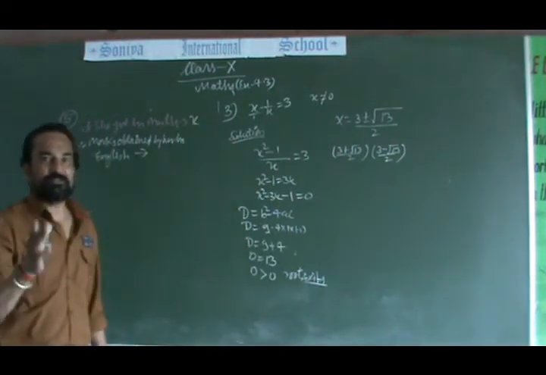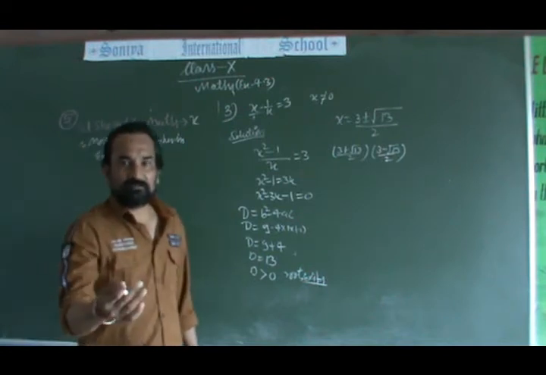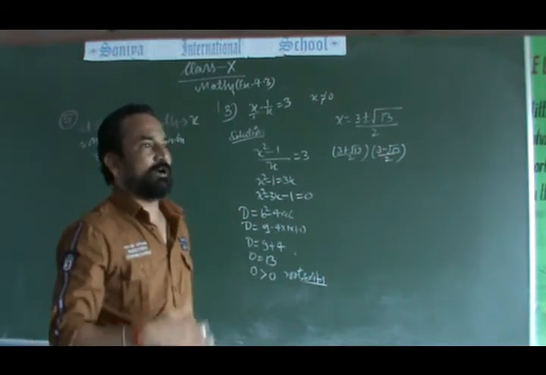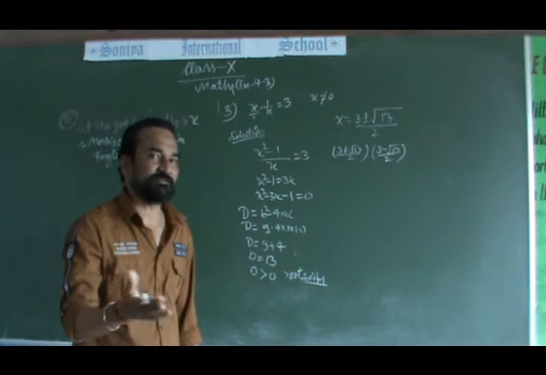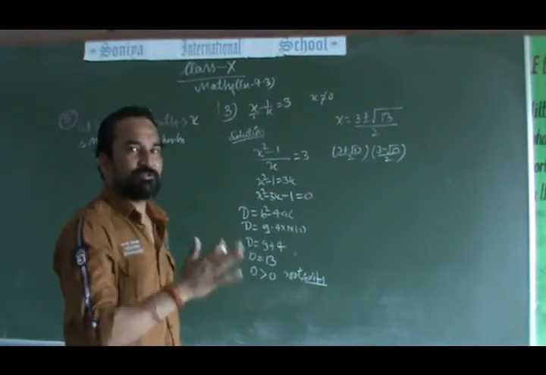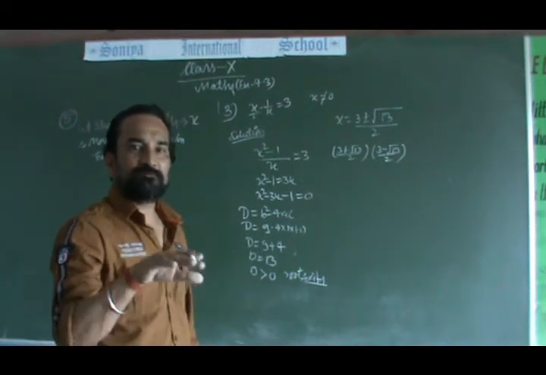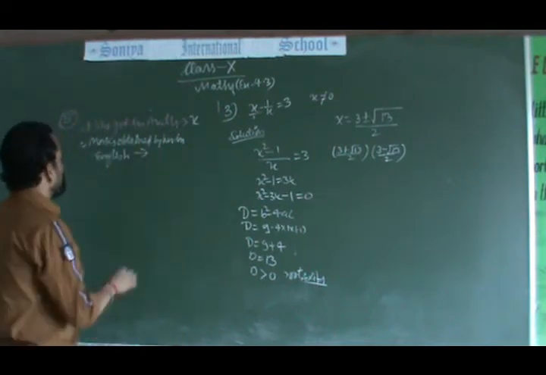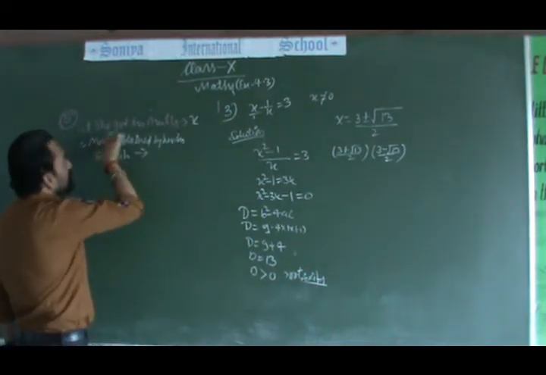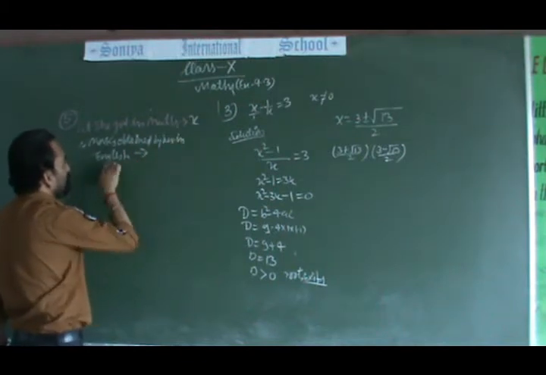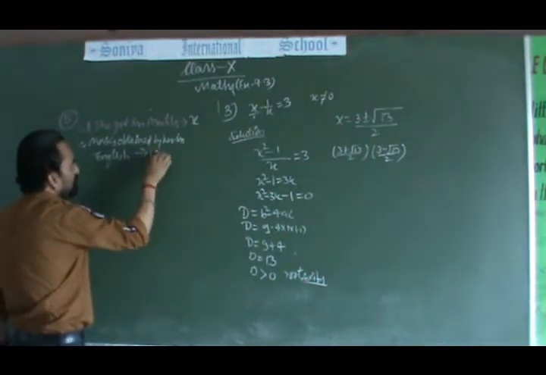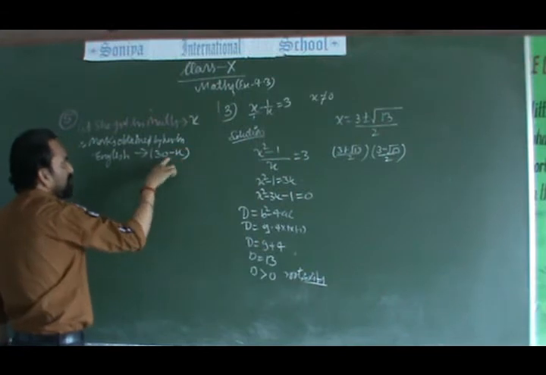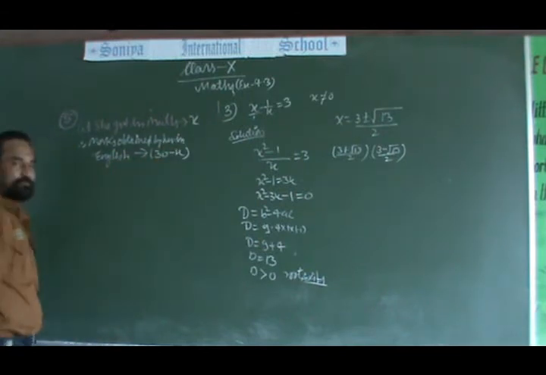Or if she got 23 marks in mathematics, then how many marks did she obtain in English? 7. Because in the question it is given the sum of the marks of the 2 tests got by Shefali is equal to 30. We suppose she got x in mathematics, so in English she got the total minus the marks in the first subject, that is 30 minus x.